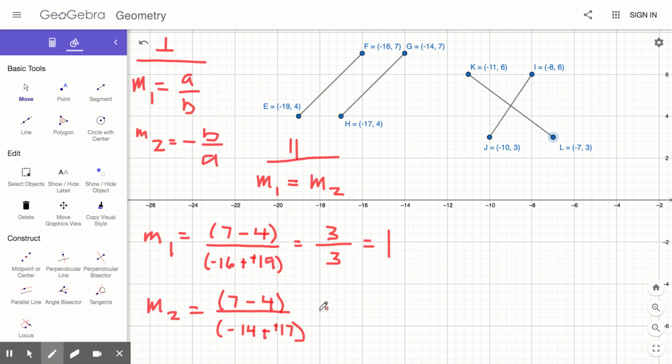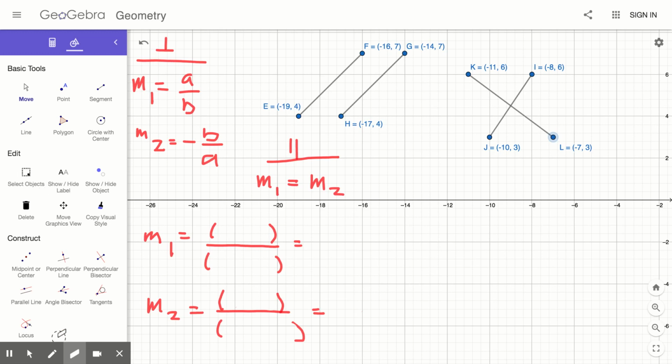These become positive. Top is 3. Bottom is also 3. So indeed, we have parallel lines because our answers here are equal to one another. So line EF and line HG are parallel because their slopes are congruent.